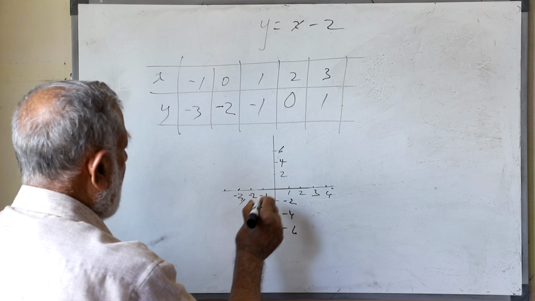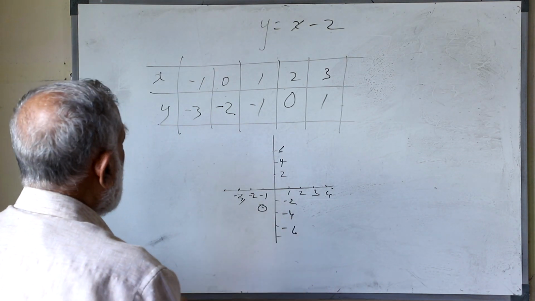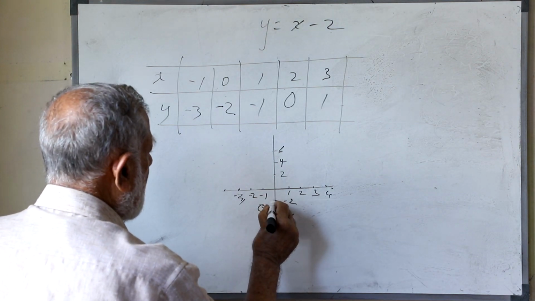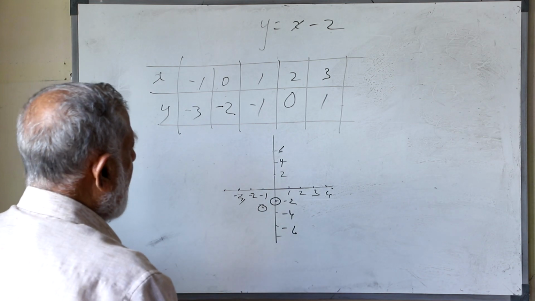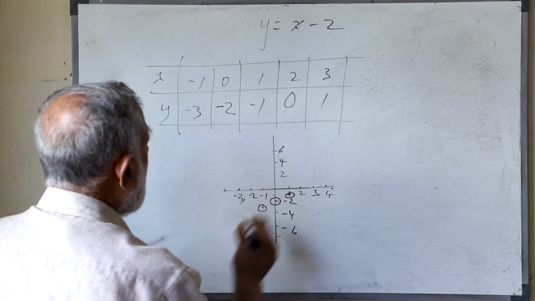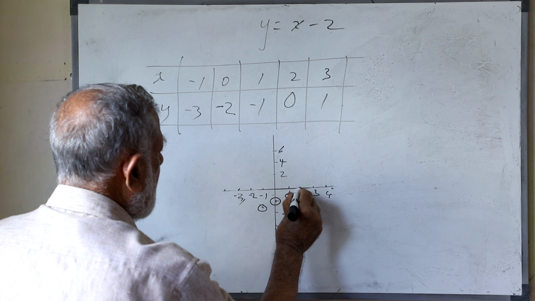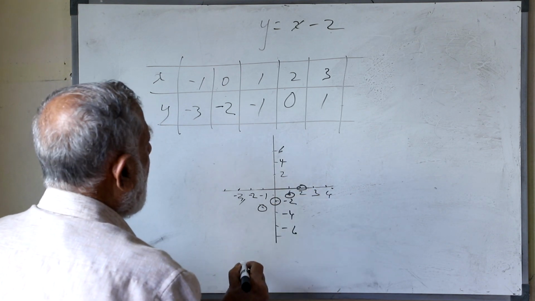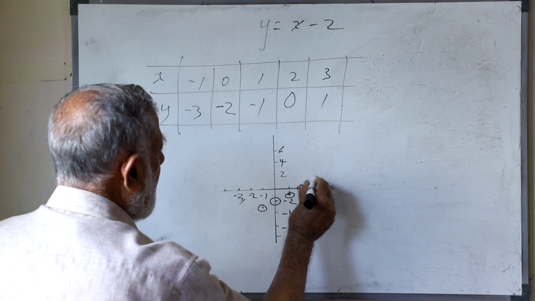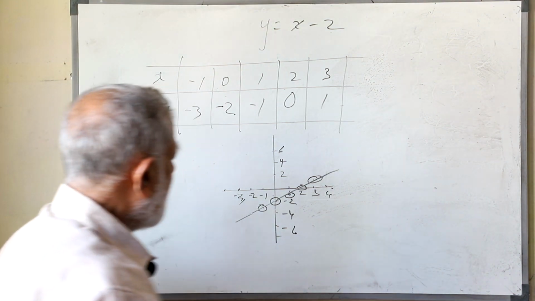So it will come here. 0, minus 2. 1, minus 1. 2, 0. And 3, 1. So the line is coming like this. The graph is coming like that, a straight line.